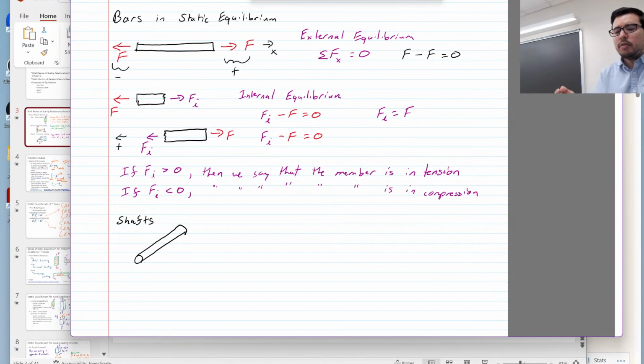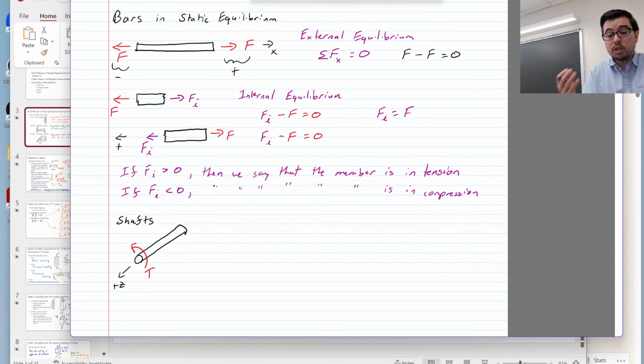And the convention that we often use is following the right-hand rule. So in this case we say that this is the positive z direction, and I apply an external torque, T, then that would be following the right-hand rule, coming out of that open face.